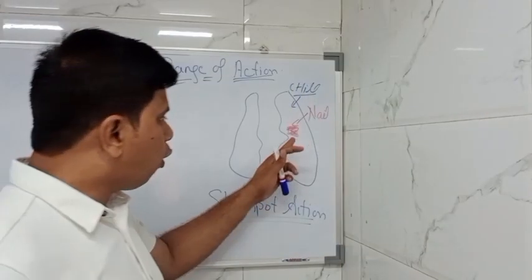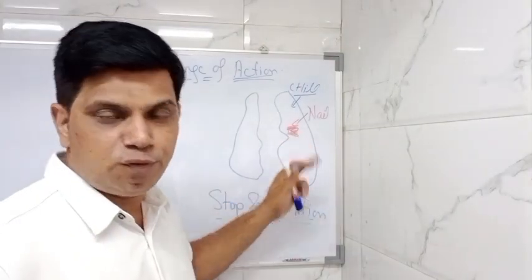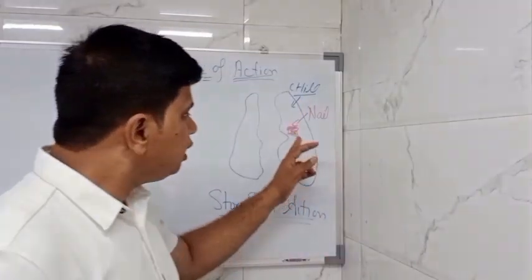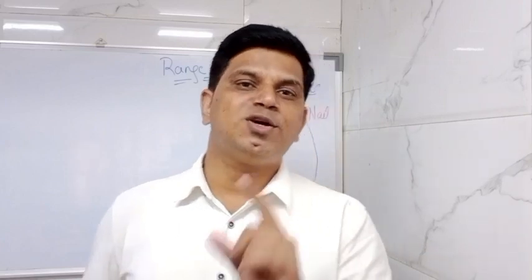Why? Because the cause has not been removed. In the earlier case, maybe the cause, chill, was a part of phosphorus itself, the totality, so it got addressed. But here, until you remove the nail, his pneumonia is not going to be cured. The tissue damage is continuously going to be there.